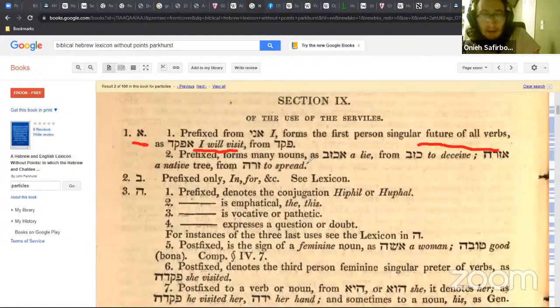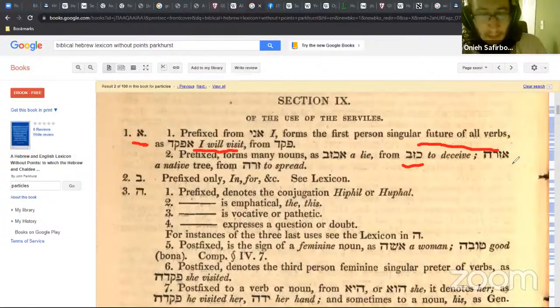Now, many nouns, if you add aleph to it, make it a noun from a verb. For example, the verb for deceive is kazib, but you add aleph to it, it becomes deceit or a lie, akzib.